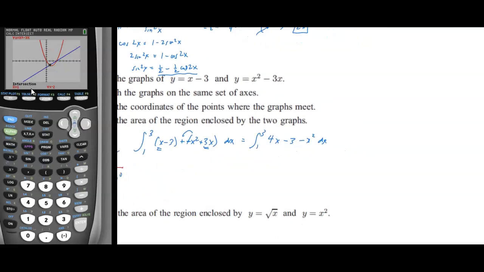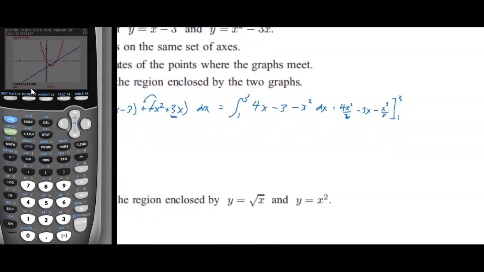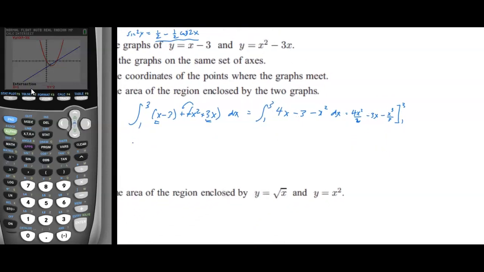Okay, now we just need to integrate each one of these terms, so we actually take the integral, so we don't need the integral symbol anymore. 4x, the integral is 4x squared over 2, minus 3x minus x cubed over 3, bracket 1 to 3. So now we're going to substitute the 3 in, we're going to substitute the 1 in, we're going to subtract everything.